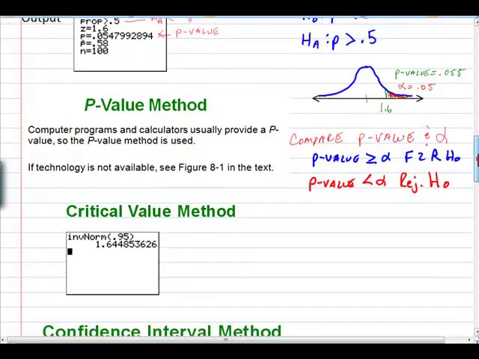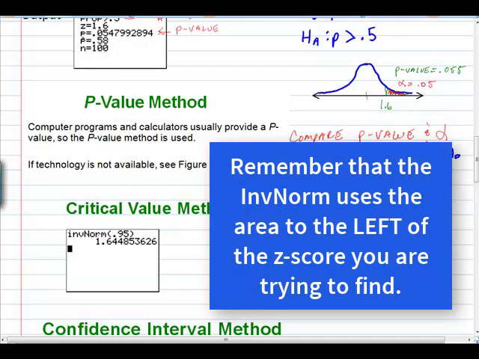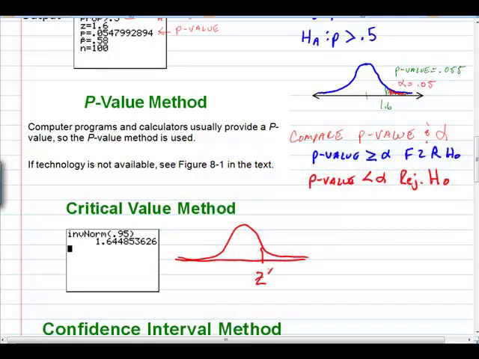That's good. Now, the critical value method will yield the same results, but what it means is I need to find this critical value right here, and how I find that critical value is I'd use the inverse norm. And the inverse norm, this 0.95, ends up being the area that's to the left of this critical value. That's z sub star.